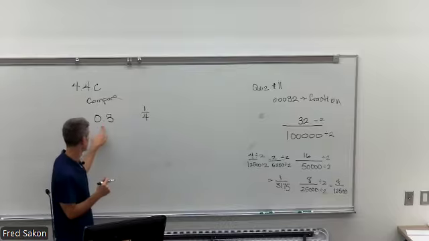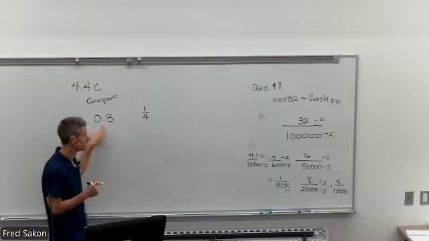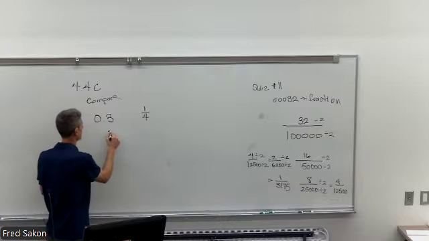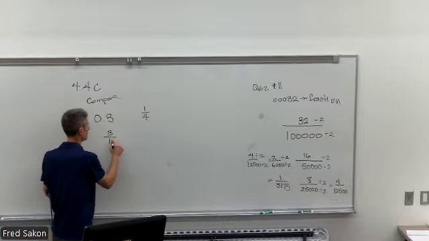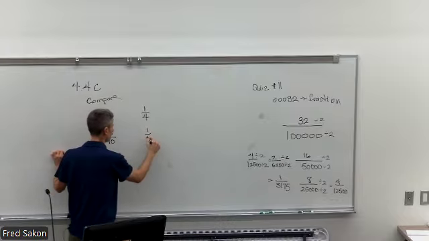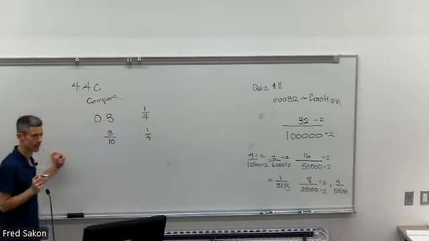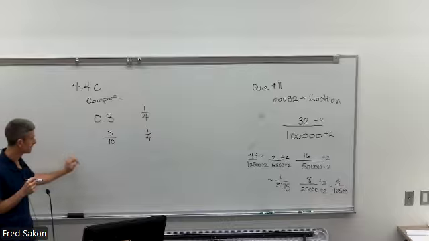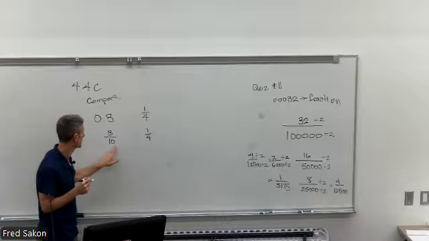You could convert this one to fraction. That's one option. 3/10 versus 1/4. Getting somewhere, but still not an easy comparison, right? We would need to scale both of these up to something over 40, right?